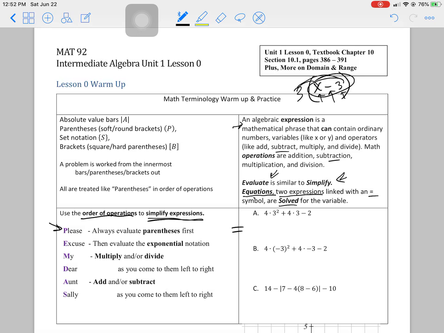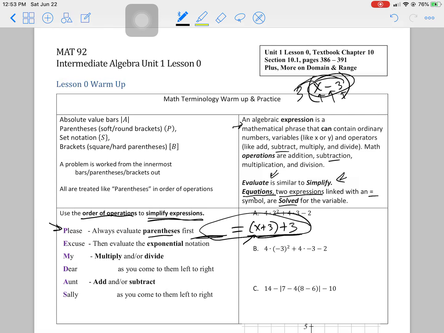Even if you have an equation, on each side you might have all kinds of stuff going on. This would be the expression part, and whatever's over here is an expression part, and together the whole thing's an equation. So you would find wherever parentheses are and do whatever's in the parentheses first if you can.